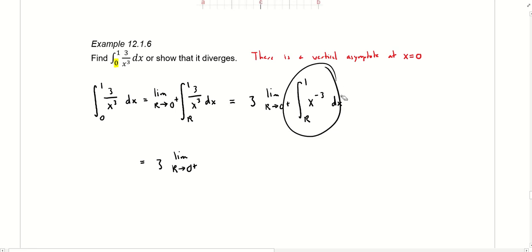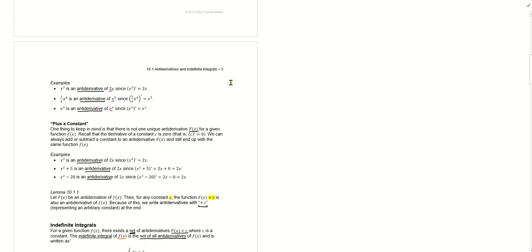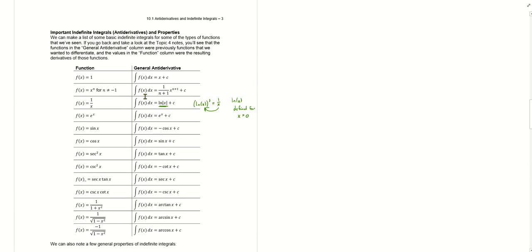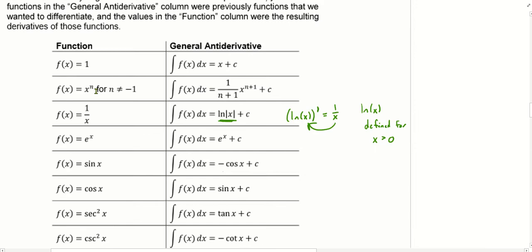Let's evaluate this integral. So I want to figure out what function gives me x to the negative 3 as a derivative. Now again, some of you might be able to do this in your head, especially by now since we've been doing this a lot. But of course, it's perfectly fine if you can't. We always have that nice little shortcut, a little cheat sheet, where we have that formula specifically for this x to the n form.